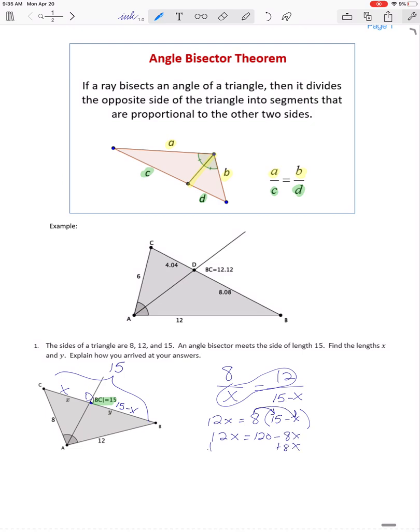Add 8X to both sides. We end up with 20X equals 120. We divide by 20, and we get X equals 6.